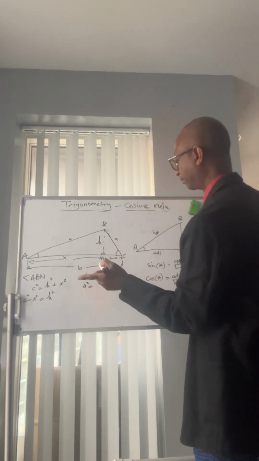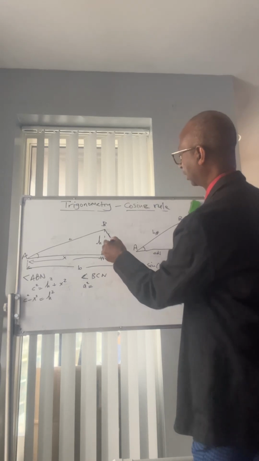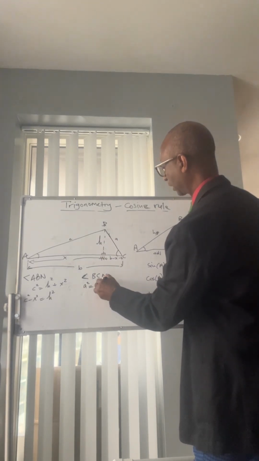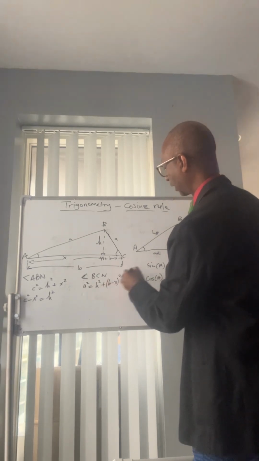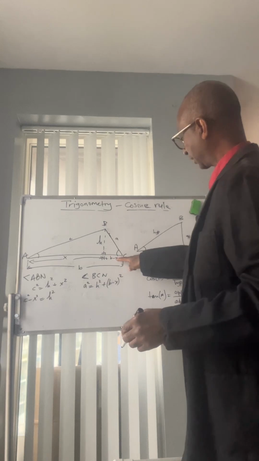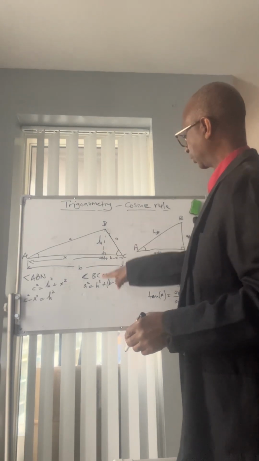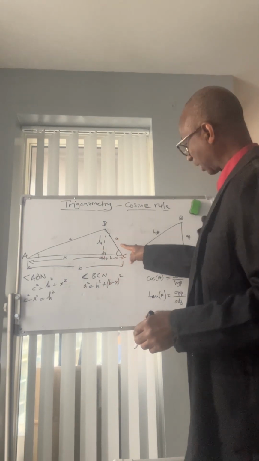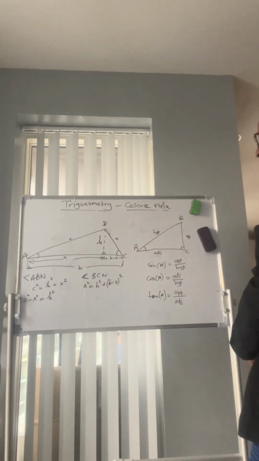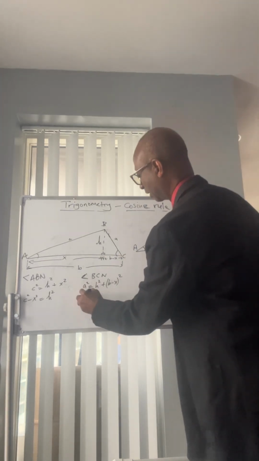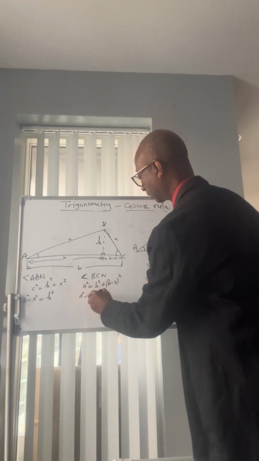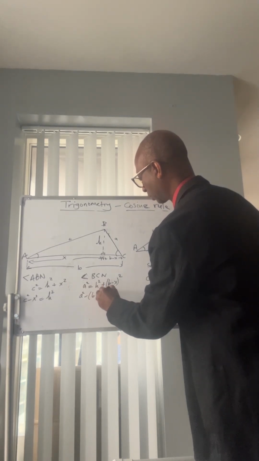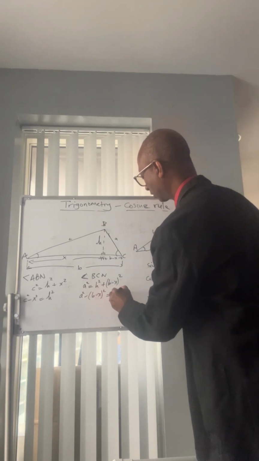You're still applying Pythagoras theorem, and it equals h squared, the adjacent, plus b minus x all squared. This is the adjacent squared plus opposite squared, which must be equal to the hypotenuse squared. So again, what is h? We now have a squared minus b minus x all squared equals h squared.